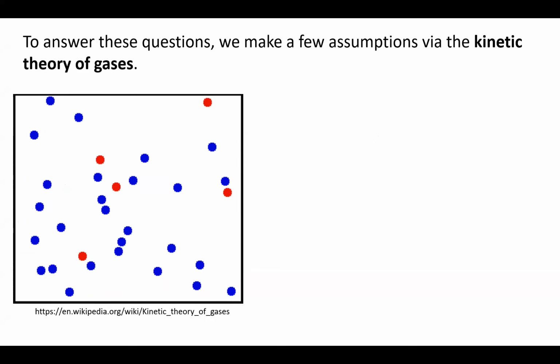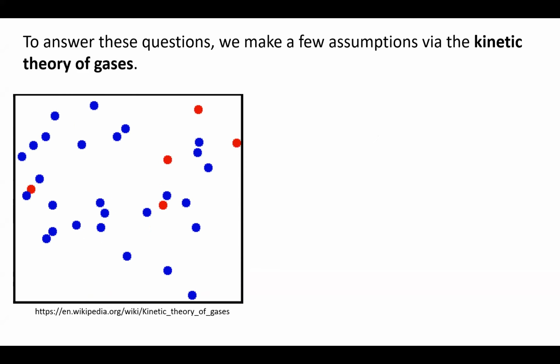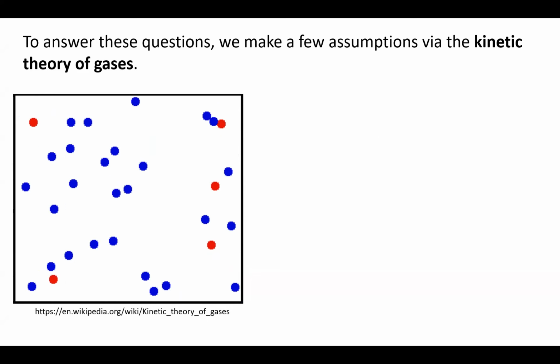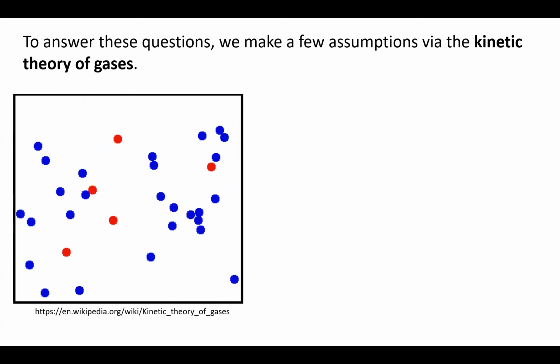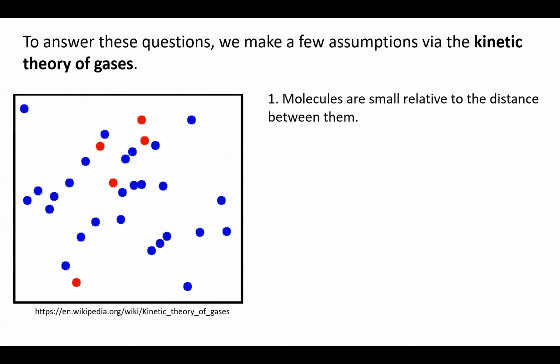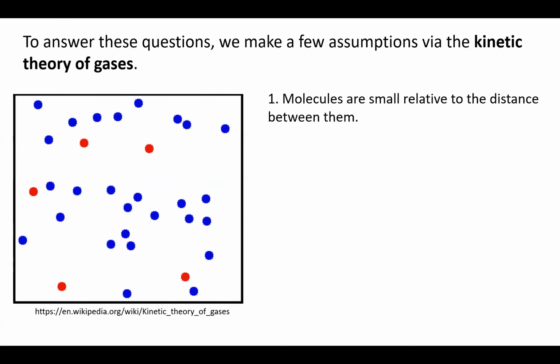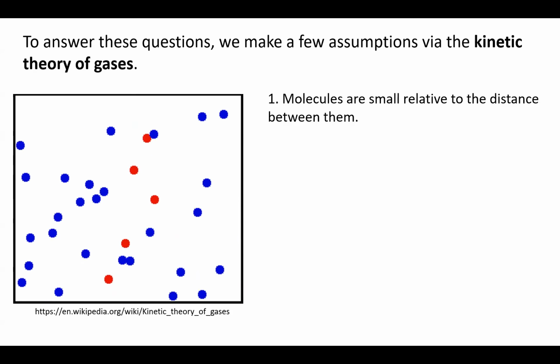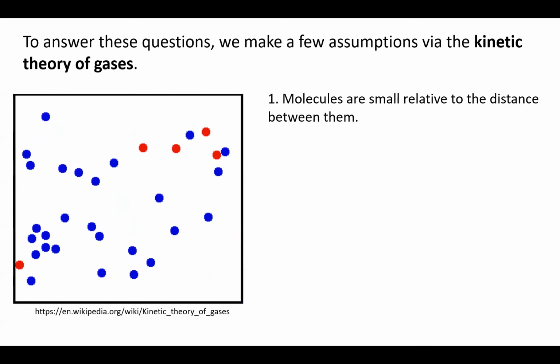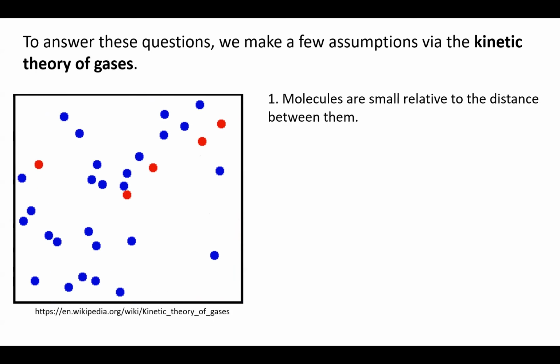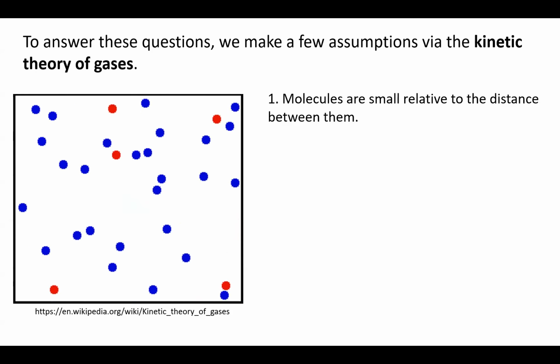And the billiard ball analogy is basically the core of the kinetic theory of gases, that the gas molecules behave much like billiard balls on a billiard table. So more precisely, that means that molecules are small relative to the distance between them. There's a lot of empty space in this kind of box here, and the billiard balls are just kind of knocking around within the box.